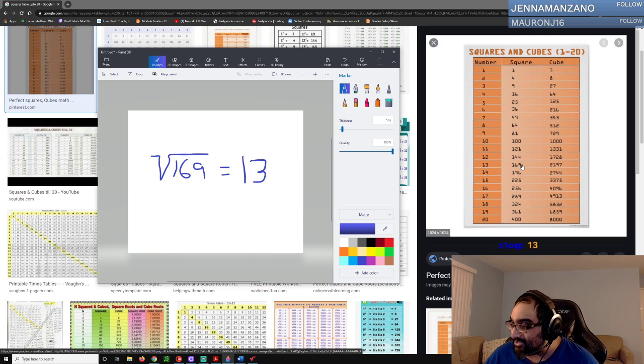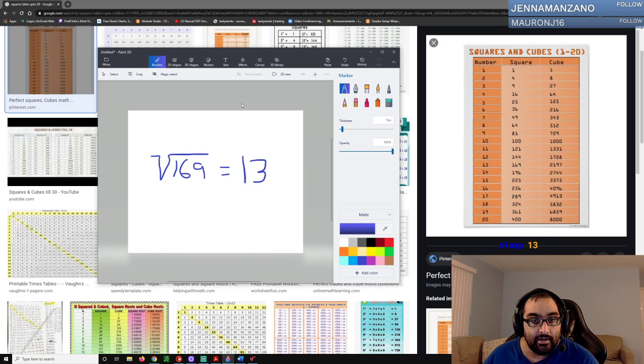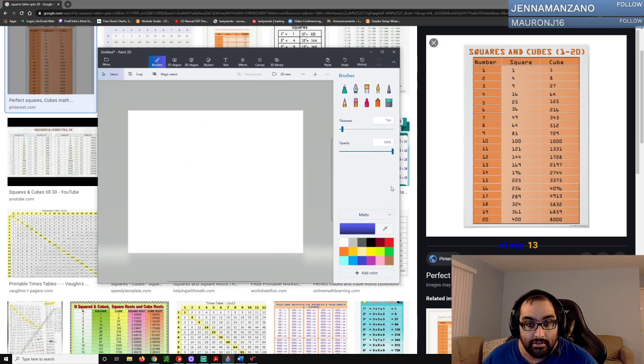Let's take it a step further. Let's try another one here. Now let's put a bigger square root here.